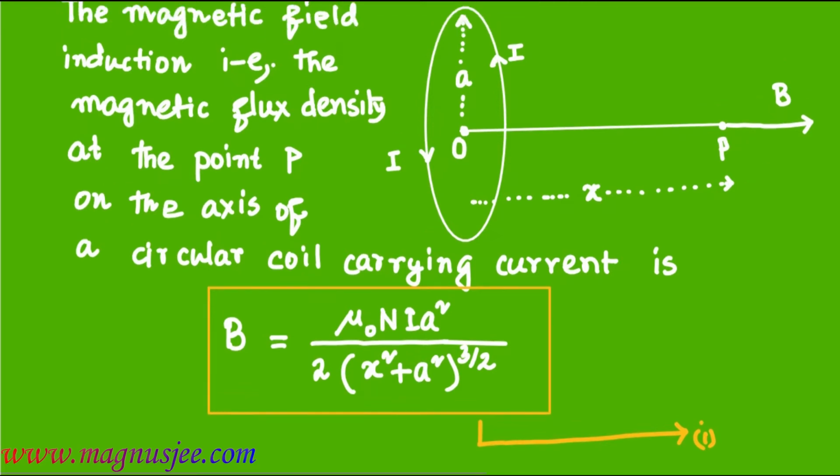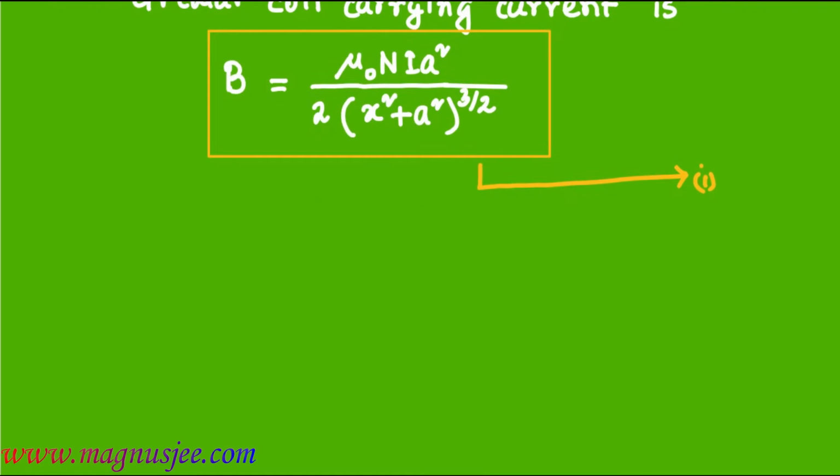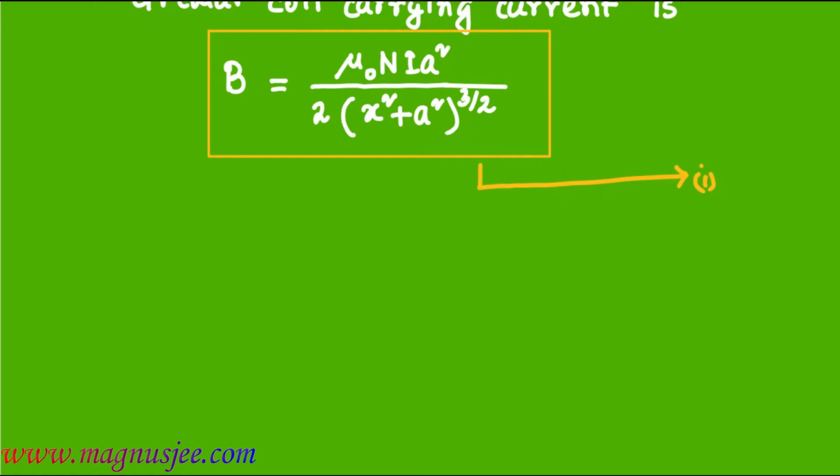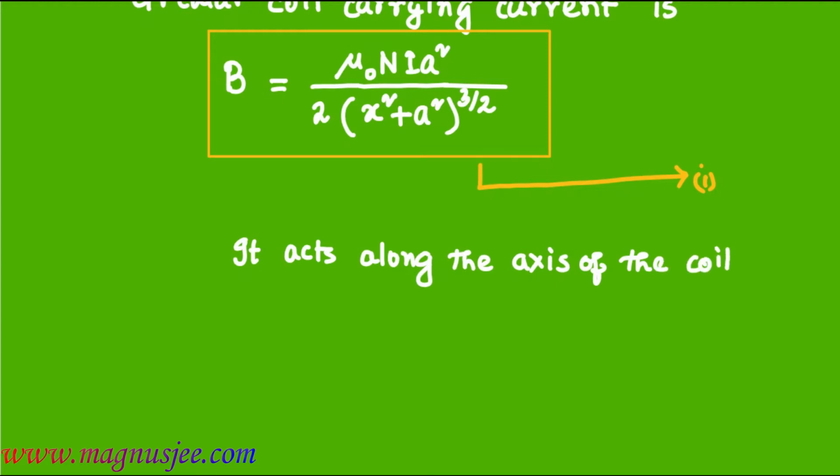And this magnetic field induction at the point P on the axis of a circular coil acts along the axis of the coil and away with respect to the coil.